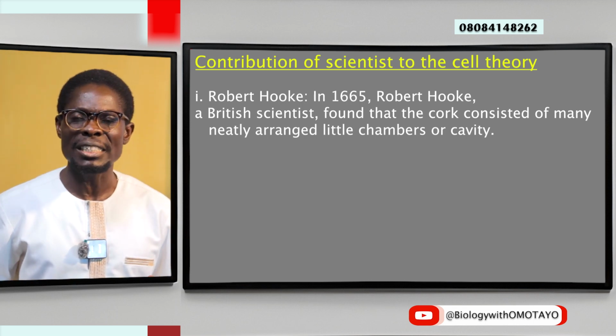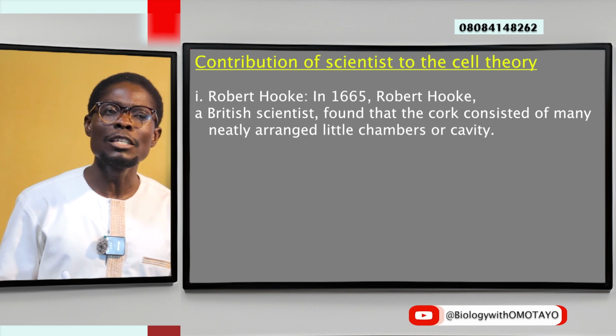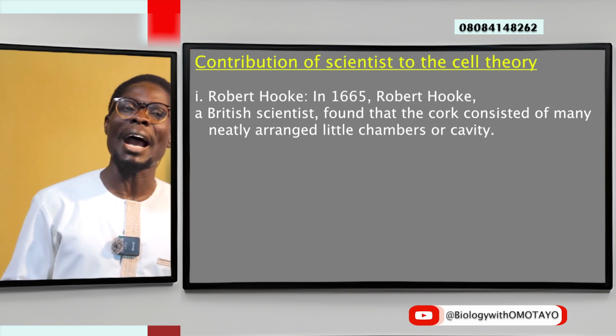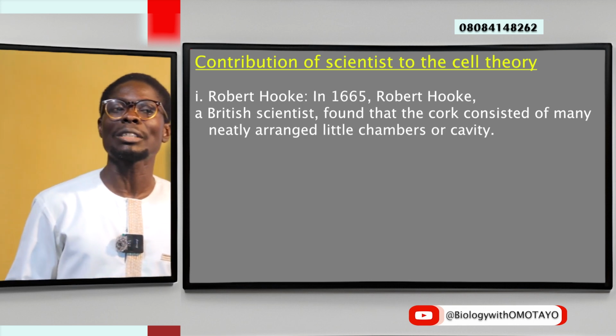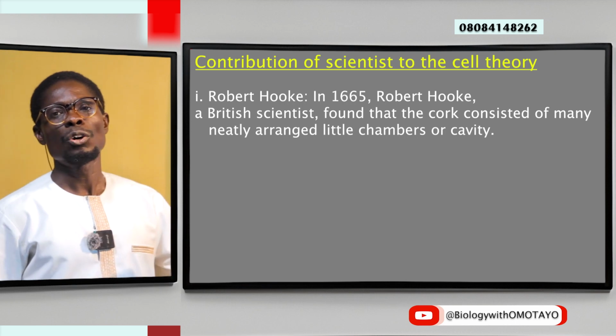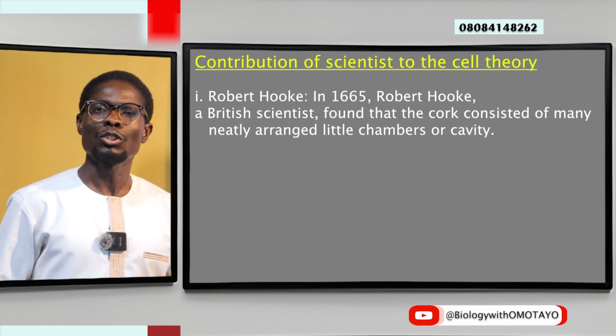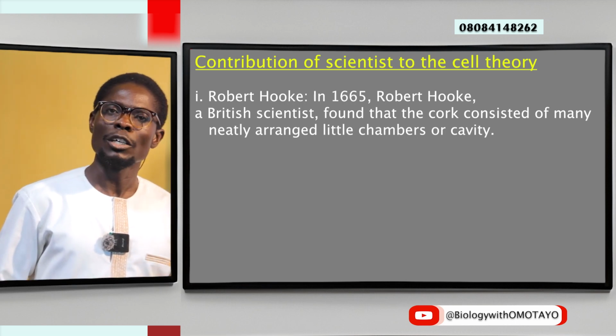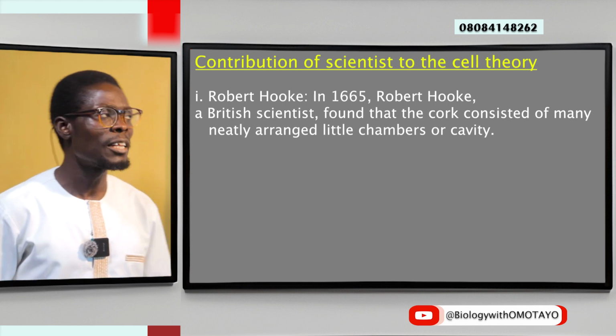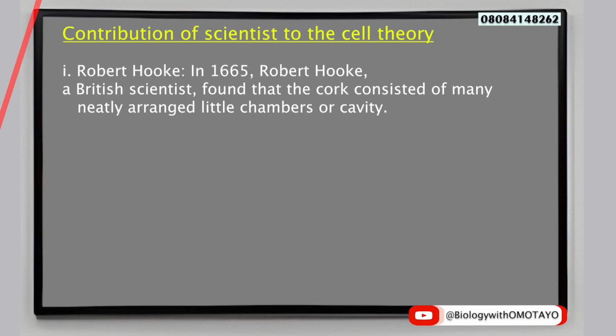He viewed it and could see little chambers. He referred to them as cavities. And so, starting from there, he was identified to be the first person to discover a cell. So, number one here, I have Robert Hooke.